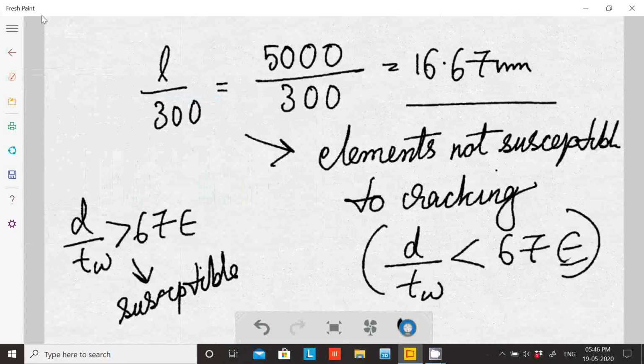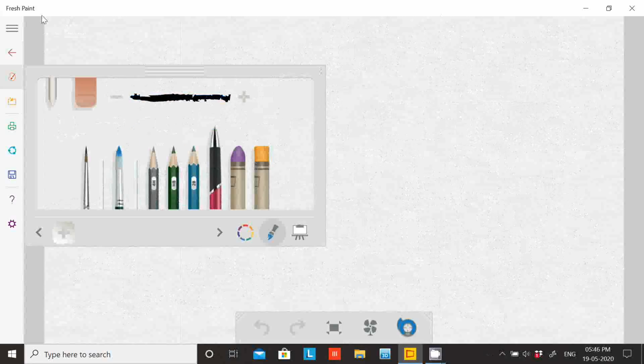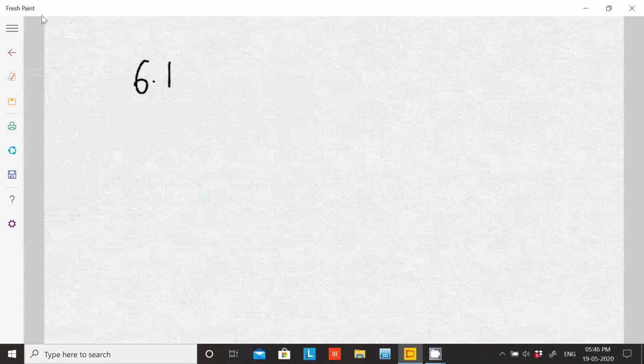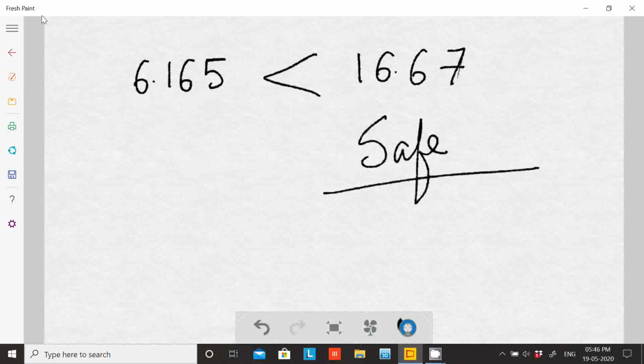But this is less, so it is not susceptible. So what we are getting is that the deflection 6.165 is less than 16.67, so it is safe. So this is the end of the problem. Okay, thank you.